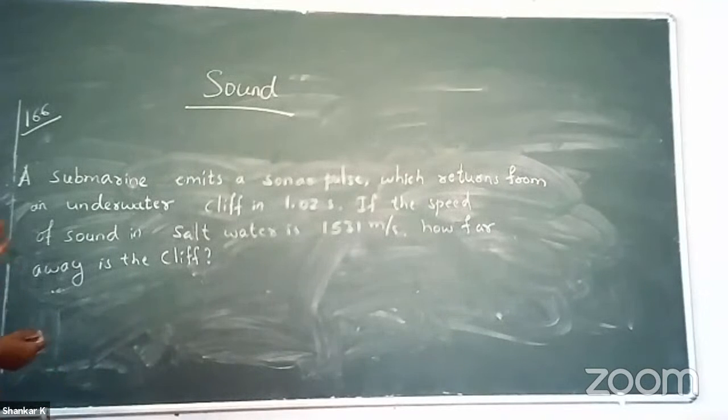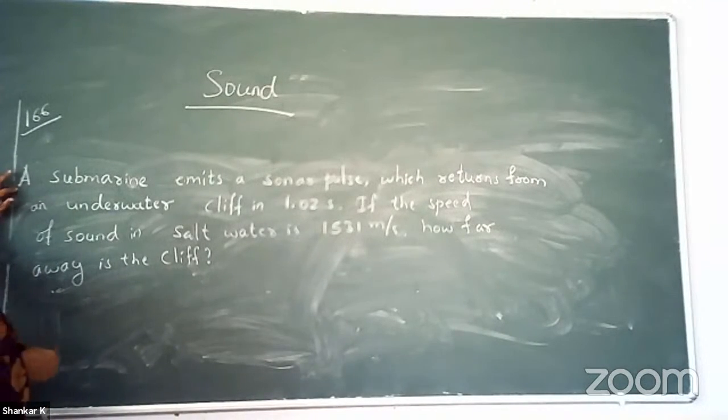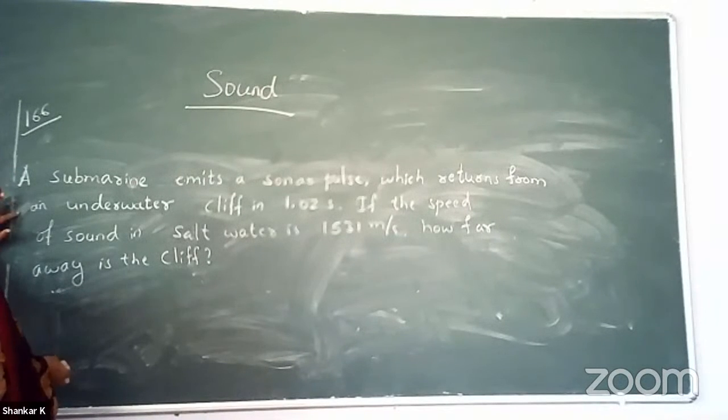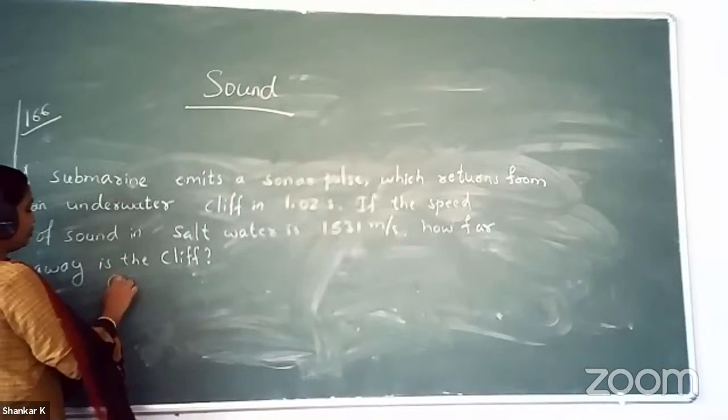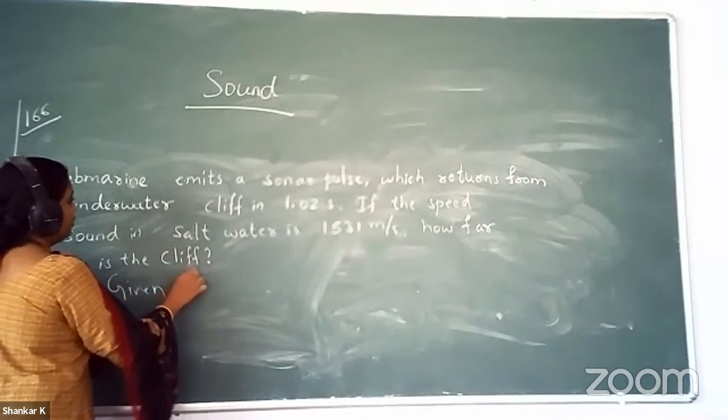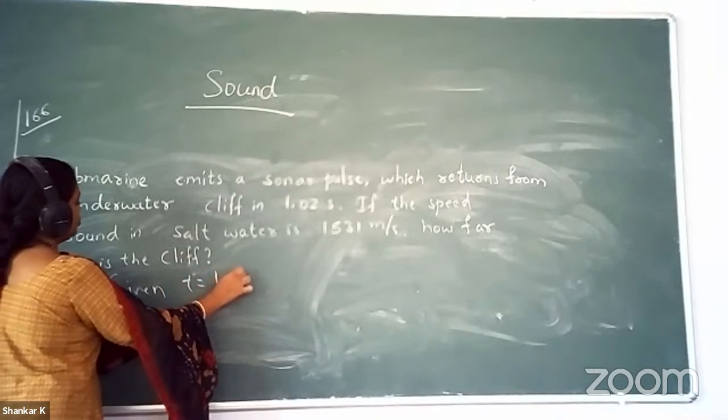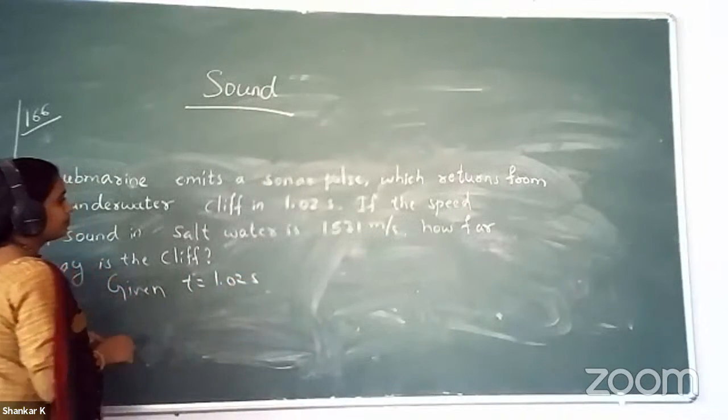Here again, a submarine emits a sonar pulse which results from an underwater cliff in 1.02 seconds. Here given, T is equal to 1.02 seconds.